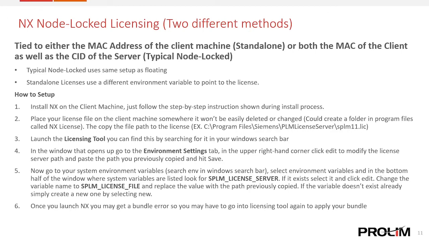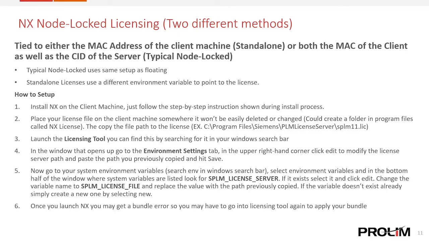So when that guy goes to pull a bundle, he can see that bundle that no one else can see, because it's node locked and only he can pull it. That's the difference between the two. One has an extra level of restriction, whereas the standalone is just a file that sits on your computer and you just point to it and you can run.